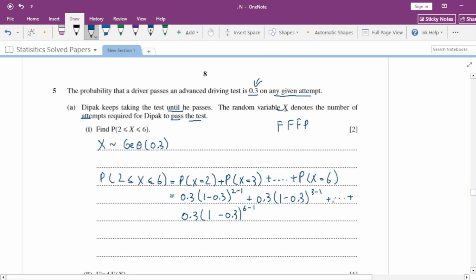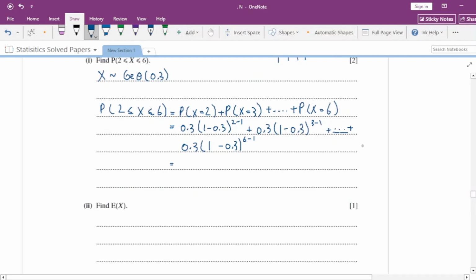Make sure that you show all the probabilities because that carries marks. I'm just not showing them over here because it's understood you're going to add all of the probabilities. But do show them when you are writing in the actual paper. Once you sum up all of these probabilities, you will get 0.582 as your final probability.